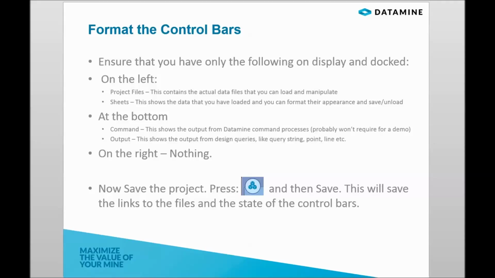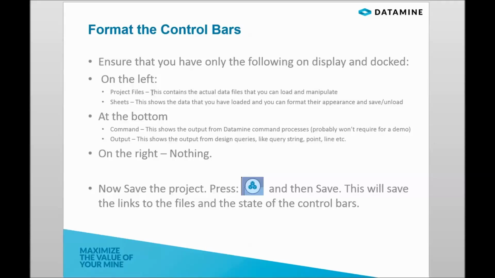What you'll notice around the edge of the screen are things called control bars. It can often depend on how it's been previously customized as to where these will appear, but by default I think most of the control bars are displayed and they are scrolled. So what we need to do is make sure that on the left hand side we have the project files and the sheets only.